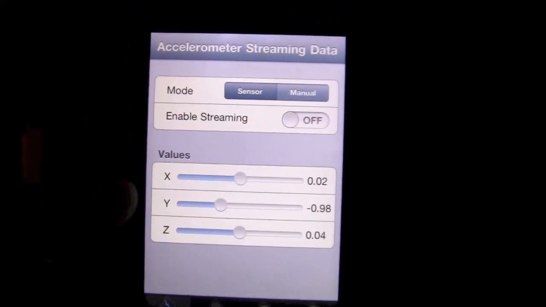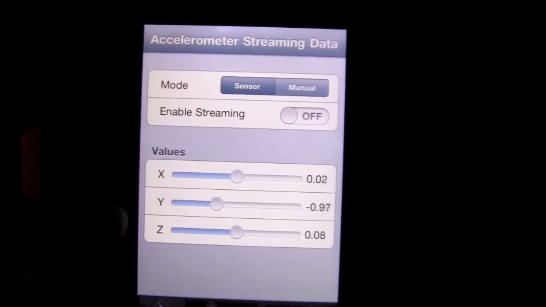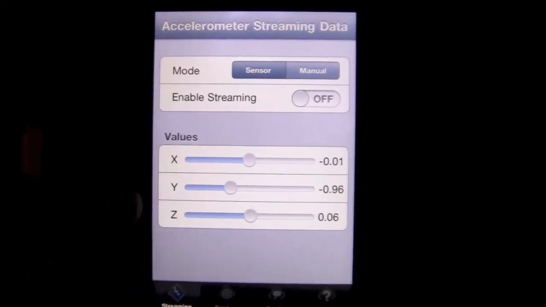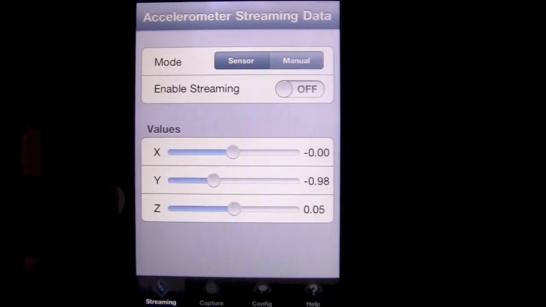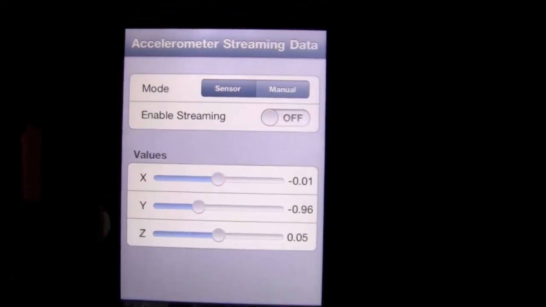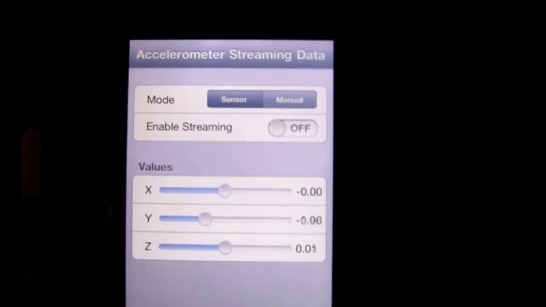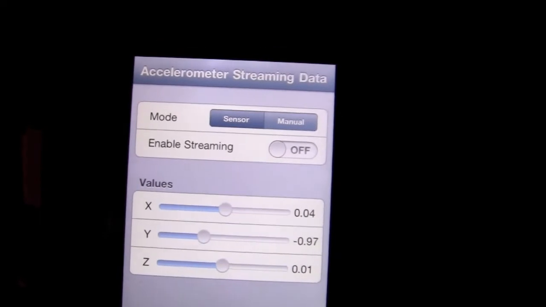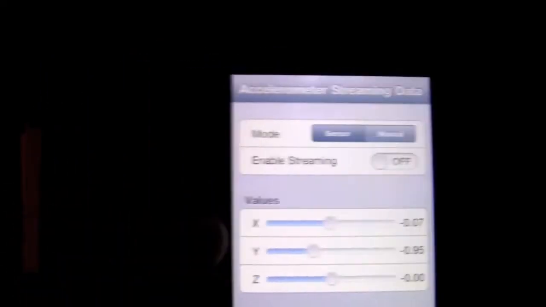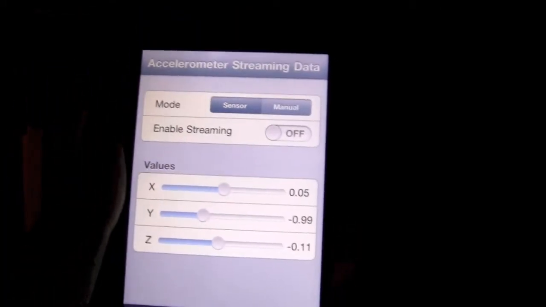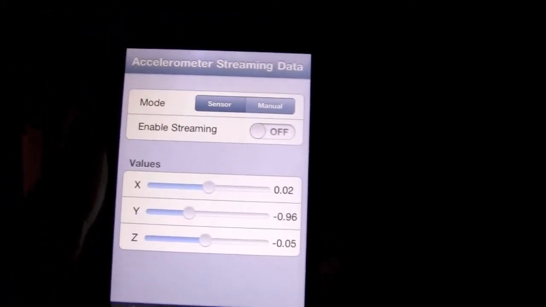Right now you can see the values of x and z are hovering around 0, while the y is measuring around -1. This is measuring the acceleration due to gravity in each of the 3 directions. So x will be left to right. When I do that, the value in the x direction goes crazy. Y is ups and downs, and z is sort of in and out of the screen. Right now the y is measuring -1.